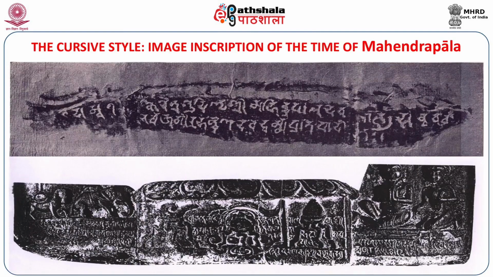To exemplify, we can take into consideration the most important and most recently discovered copperplate inscription of the time of the Pala ruler Mahendrapala. We can also take into consideration, apart from the longer inscriptions, these small donative inscriptions also dated in the rule of the same king, where these characteristics of the mature Siddhamatrika script are clearly visible.